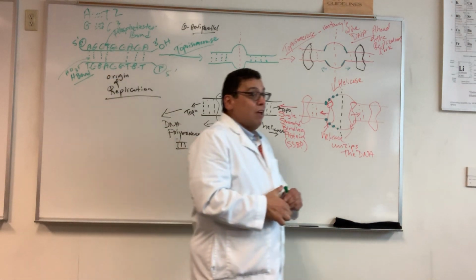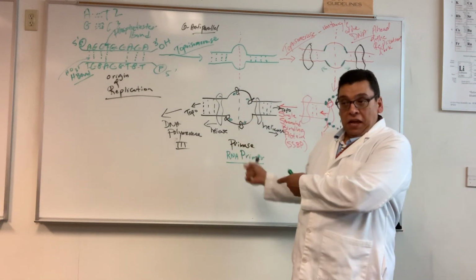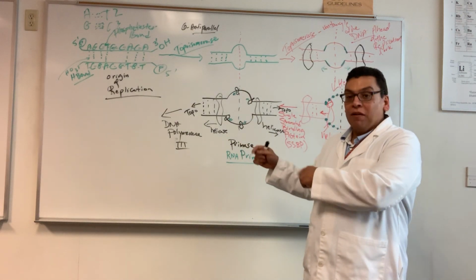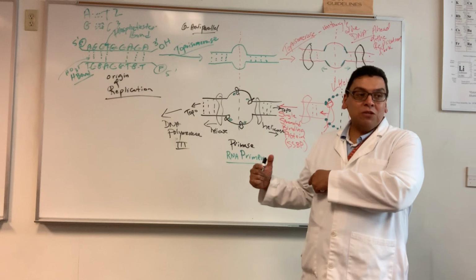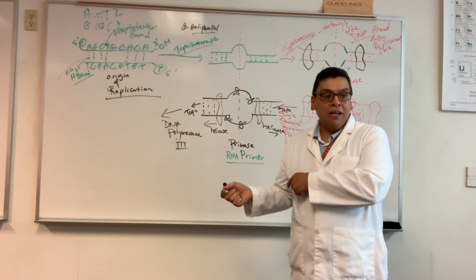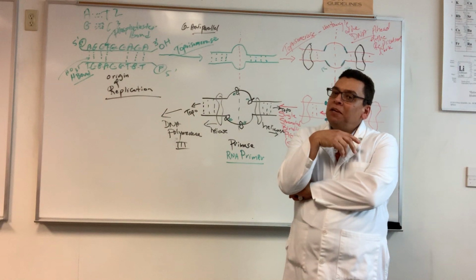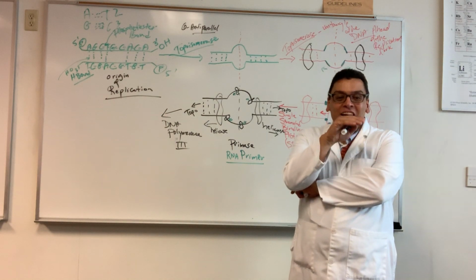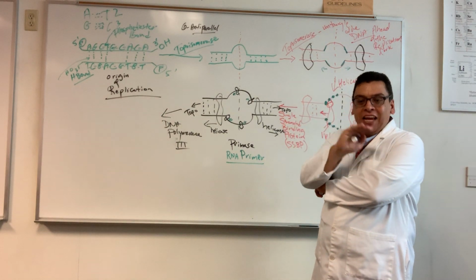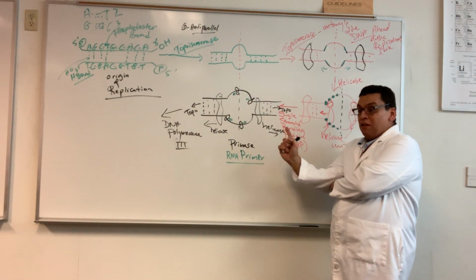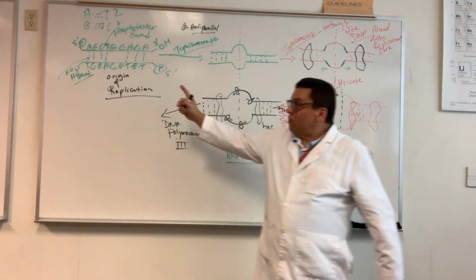This guy is very good at making DNA because it's called DNA polymerase. I always ask students, what does DNA polymerase make? And they sit there puzzled. It's in the name. DNA polymerase 3 makes DNA. And it's very good at doing that. It looks at the sequence.